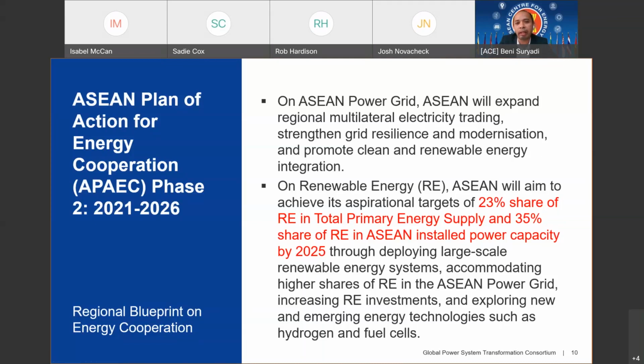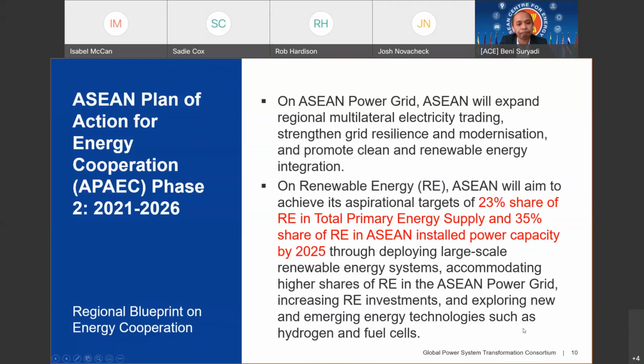Second is renewable energy, where we in ASEAN aim to achieve the aspirational target of 23% of renewable energy in the total primary energy supply and 35% of renewable energy in installed power capacity by 2025, through deploying large-scale renewable energy systems, accommodating a higher share of renewable energy in the ASEAN power grid, increasing RE investment, and also exploring new and emerging energy technology.